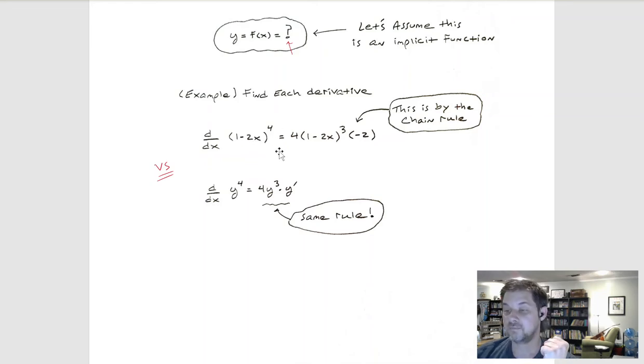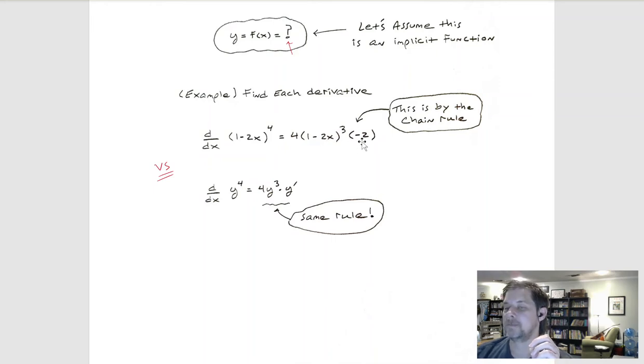To find the derivative of that, we would use the chain rule. We bring this power 4 to the front, we take away 1 from that power, that makes it a 3, and then this part is the derivative of the thing inside there. The derivative of 1 minus 2x is negative 2.